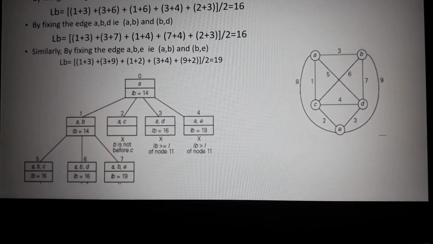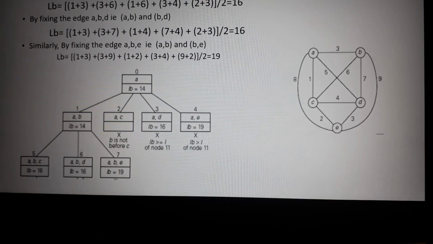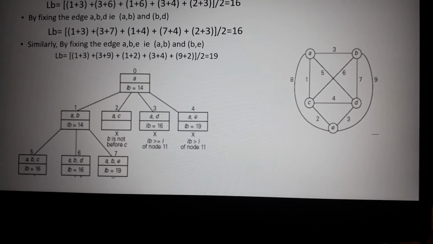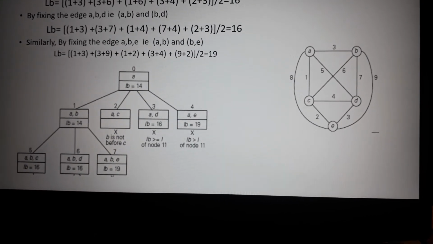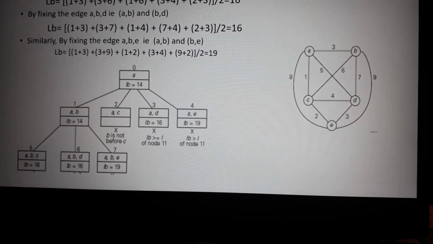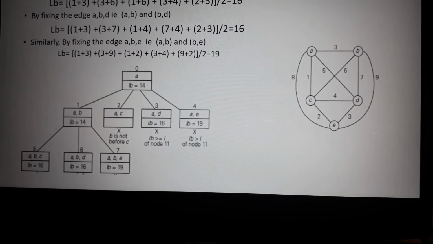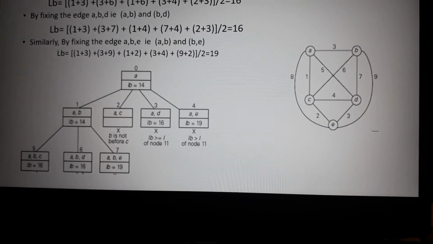So now we will move to the next one by fixing the edges A, B and D. So by fixing AB and D we get AB and BD. So the lower bound is equal to 1 plus 3 from A, and from B 3 plus 7, as BA is fixed and BD is also fixed.